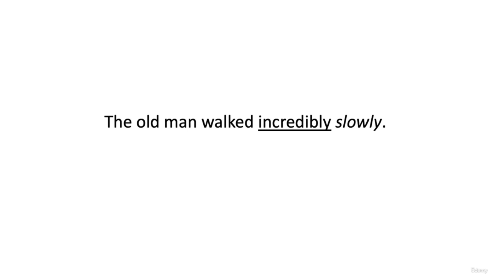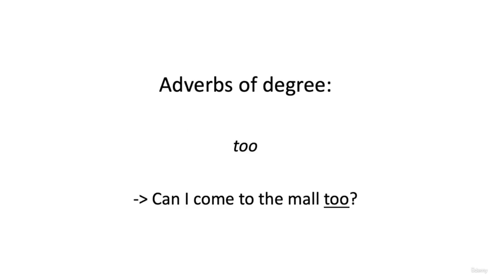Some adverbs of degree can have specific meanings. For example, the adverb of degree too can mean also when placed at the end of the phrase it modifies. Can I come to the mall too?